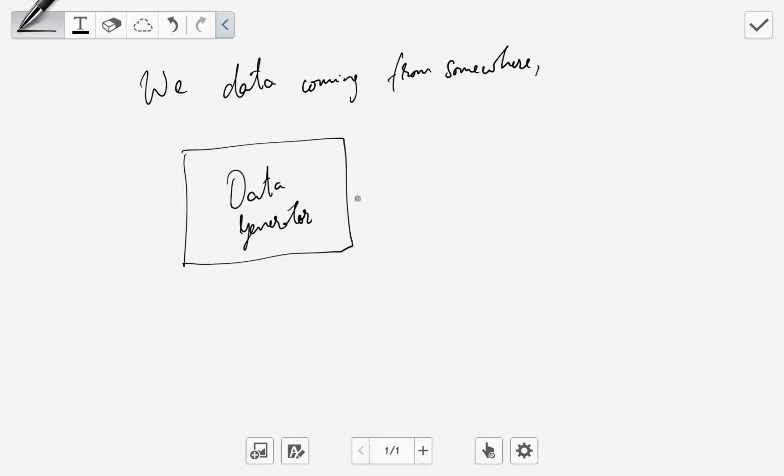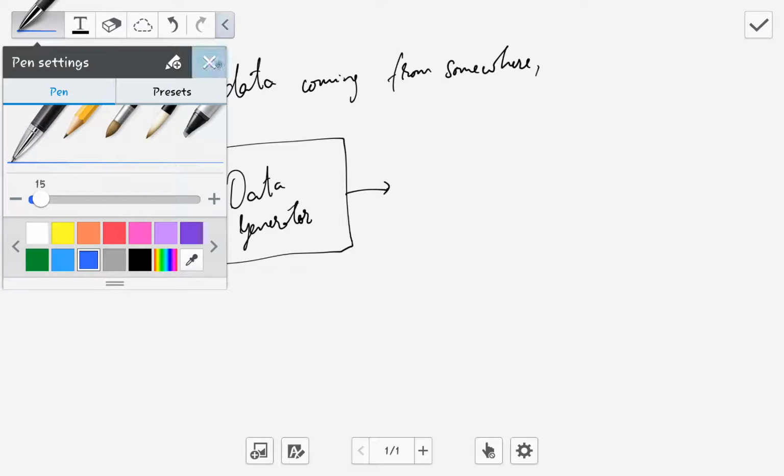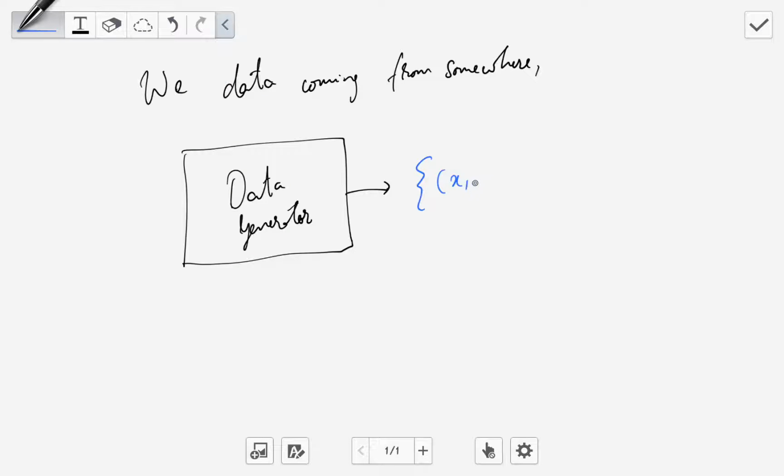Now this data is like x1 y1, x2 y2, these tuples, and so on up to xn yn.